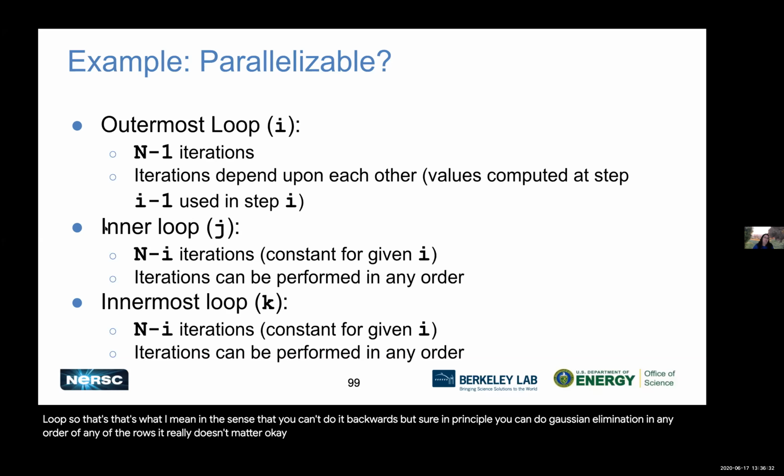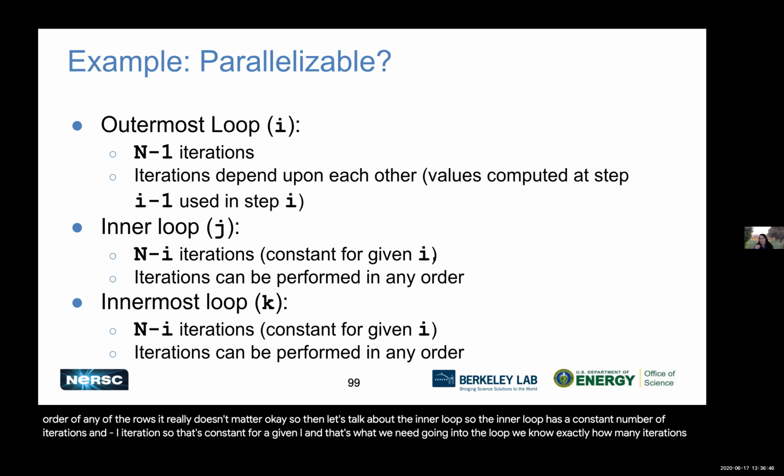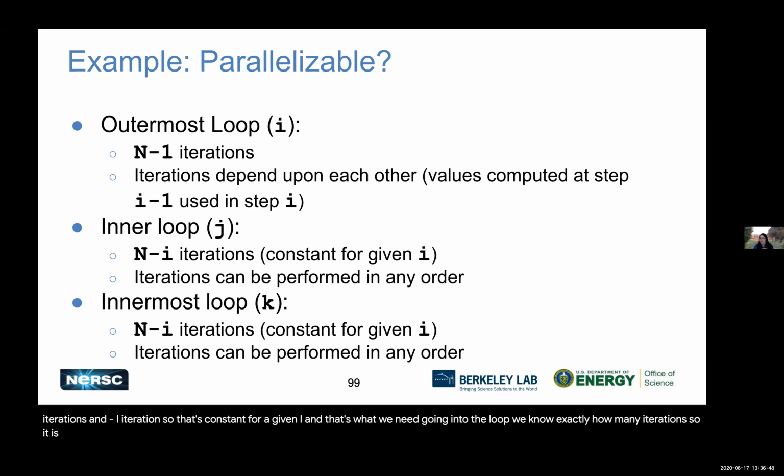Okay, so then let's talk about the inner loop. The inner loop has a constant number of iterations, n-I iterations. So that's constant for a given I. And that's what we need. Going into the loop, we know exactly how many iterations. So it is constant effectively, even though it changes for every I, but it's calculatable on the entry into the loop.